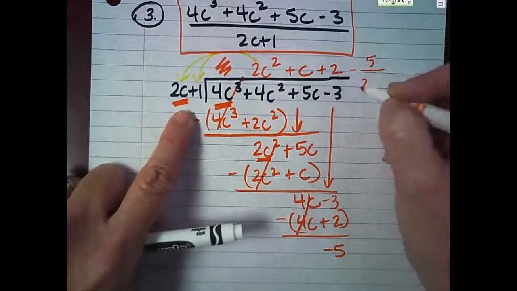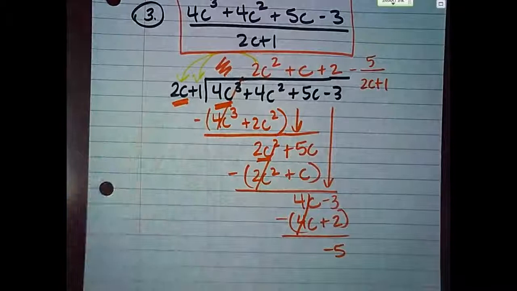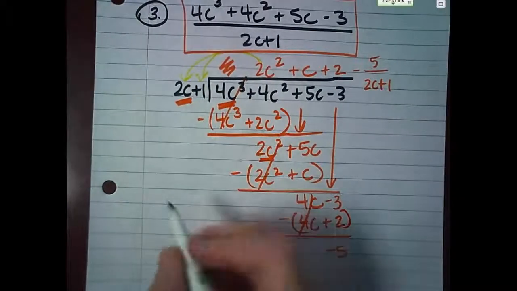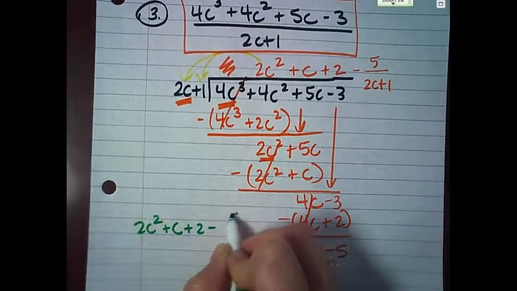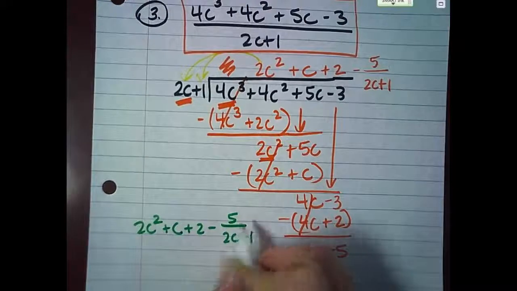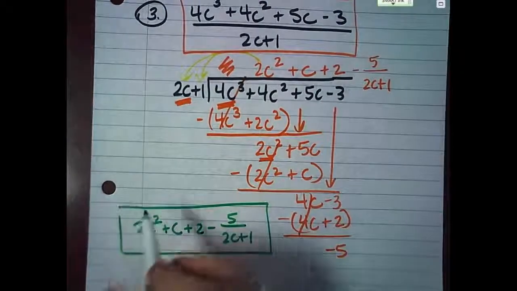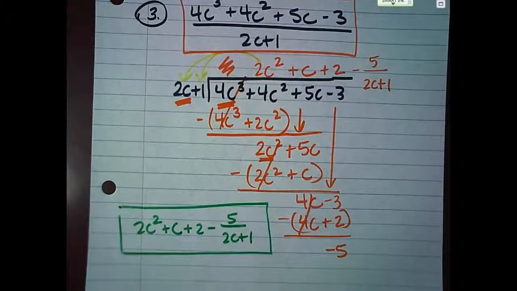The entire 2c plus 1. So your final answer to the problem would have been 2c squared plus c plus 2 minus 5 over 2c plus 1. Does that make sense? Yeah.